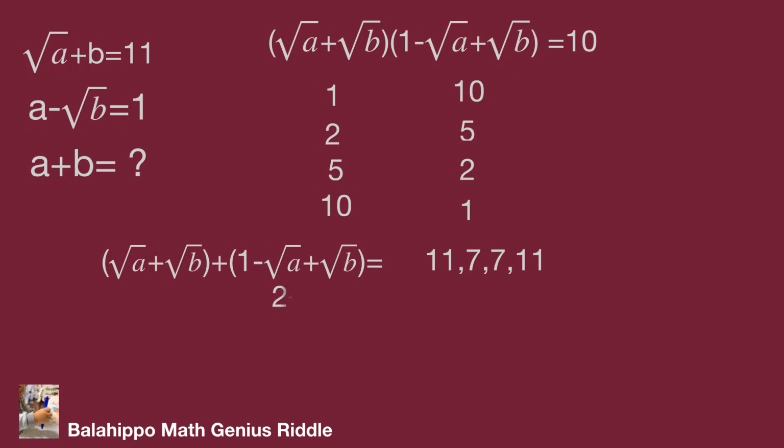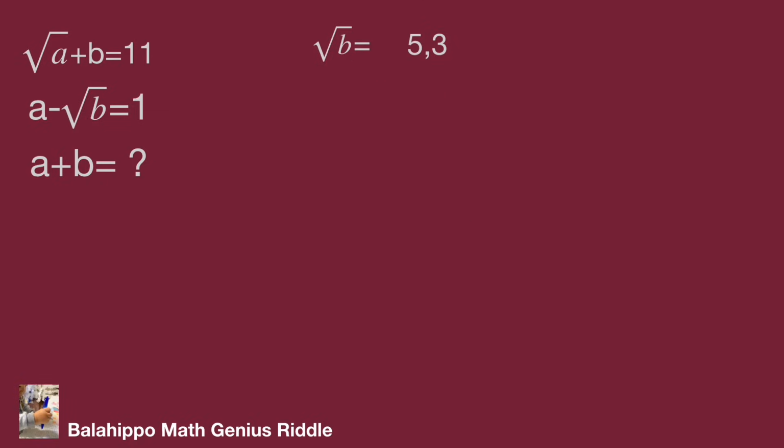Then 2 multiplied by square root of b plus 1 equals 11 or 7. Square root of b equals 5 or 3. b is 25 or b is 9.